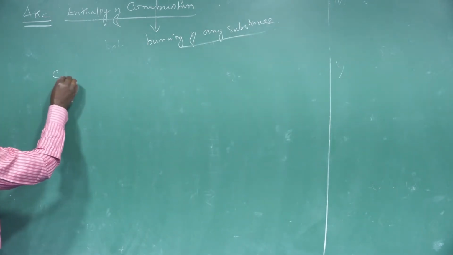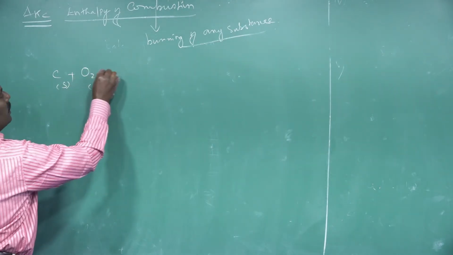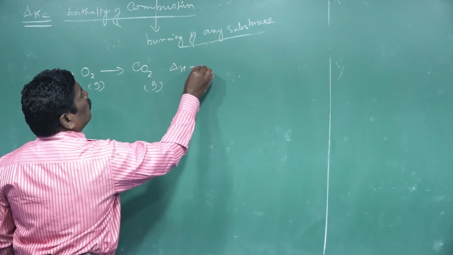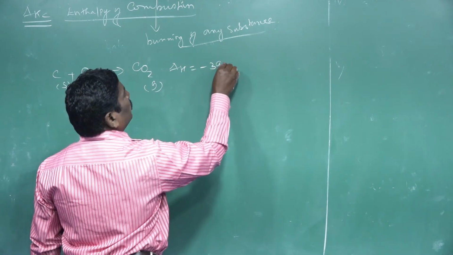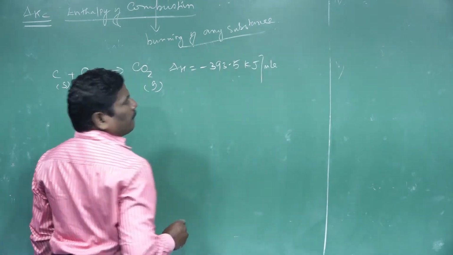Take for example, carbon, a solid substance, combined with oxygen to give carbon dioxide, a gas. The delta H is equal to minus 393.5 kilojoules per mole. Please understand.